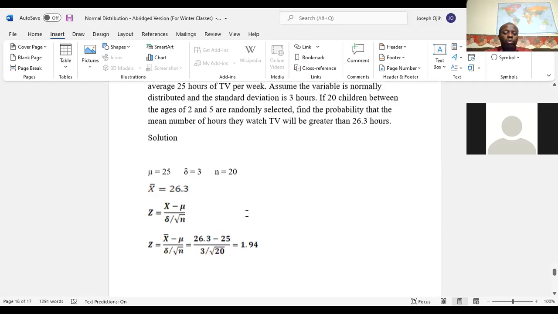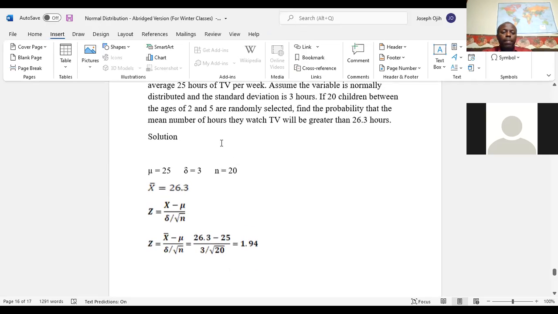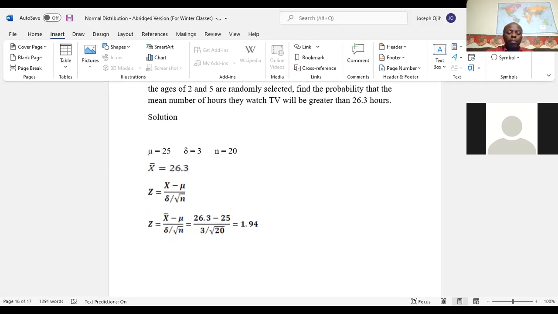So now it is no longer 26.3. It is now 1.94. It's no longer S bar, it's now Z. So the probability that the mean number of hours they watch TV is greater than 26.5 hours becomes the probability of Z greater than 1.94.